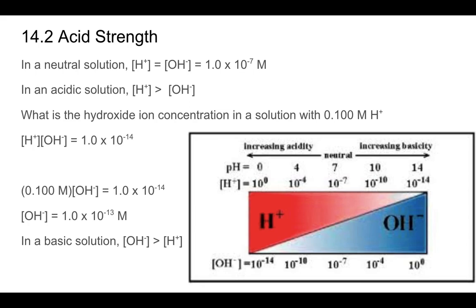If the H plus is 10 to the 0, which would be 1 mole per liter of a strong acid, the OH minus will only be 10 to the minus 14. If your H plus is 10 to the minus 7, it's neutral, then you have OH minus 10 to the minus 7. If your H plus is 10 to the minus 14, then your OH minus will be 10 to the 0.